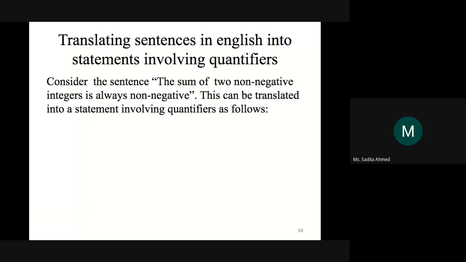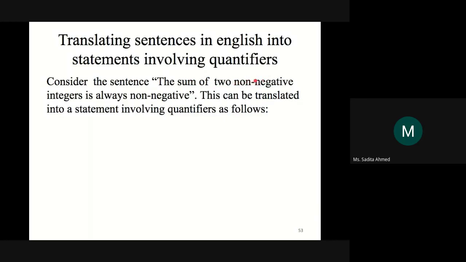Now, let's say the domain is the set of all integers. Think about it: what is the expression saying? It says that the sum of two non-negative integers is always non-negative.